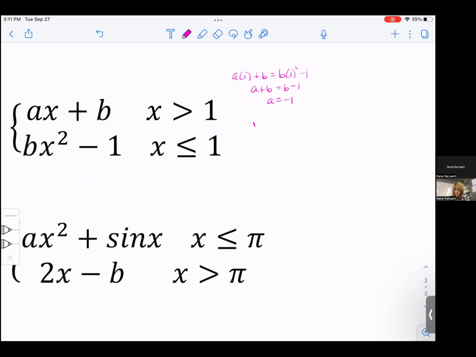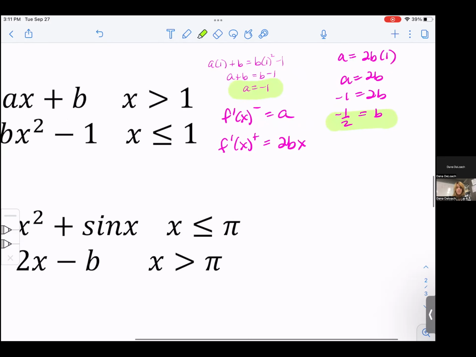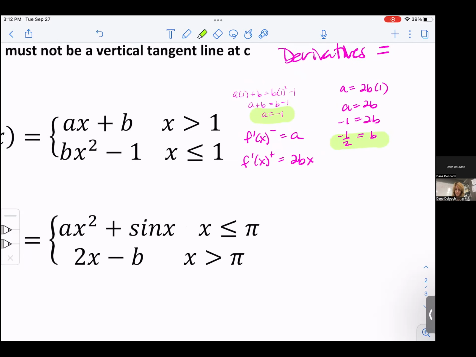So the derivative f prime of x from the left is just going to be A, and f prime of x from the right is going to be 2bx. And I want to set those equal. So A is going to equal 2b times 1. So A equals 2b. Well, -1 equals 2b, so b equals -1/2. So if a is -1 and b is -1/2, that will be continuous and differentiable, okay?